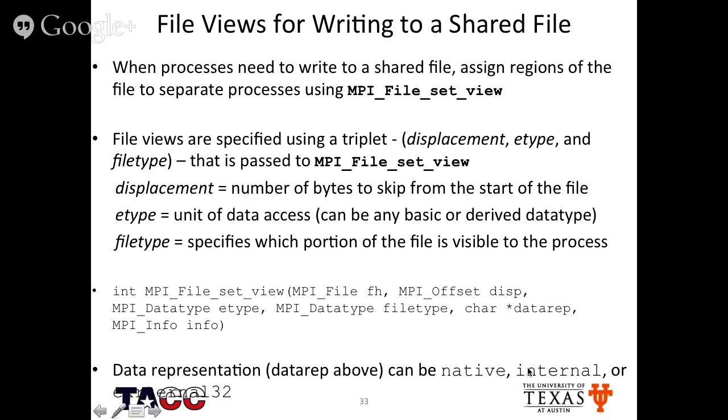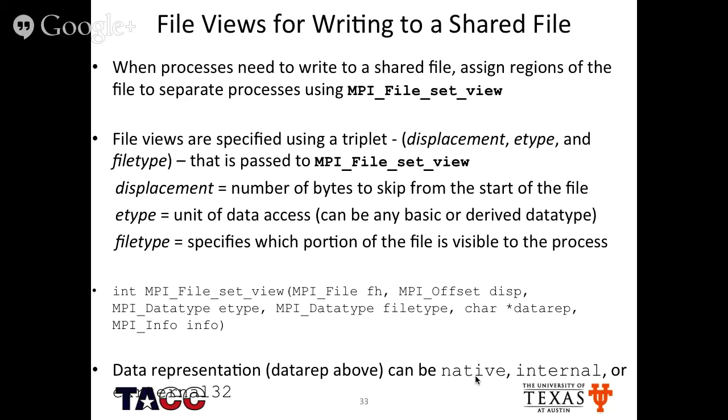Then there is an internal mode, and there is native mode. Native mode just writes as is, however my data is in the memory with the same precision, I just write it out. Internal gives you slightly more portability than the native. So if you have to run across different architectures, I can either use internal or external 32.